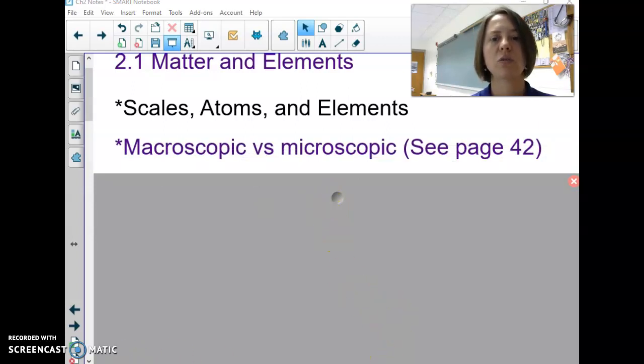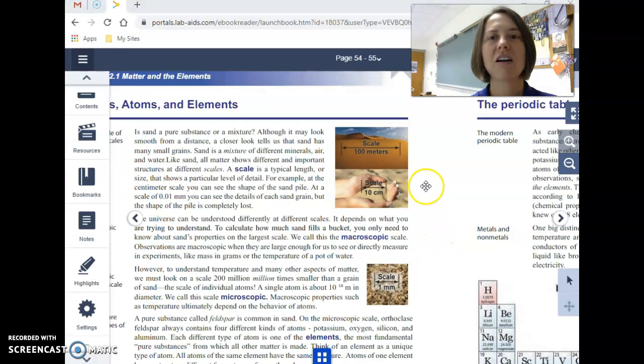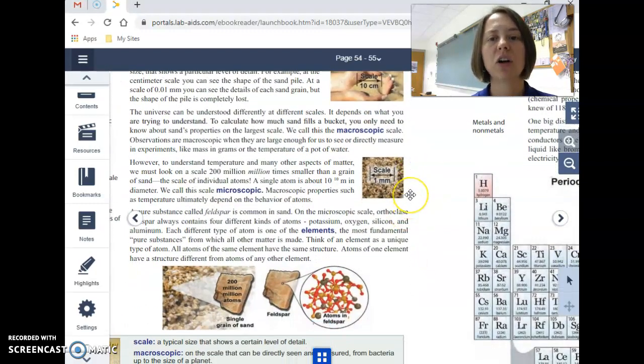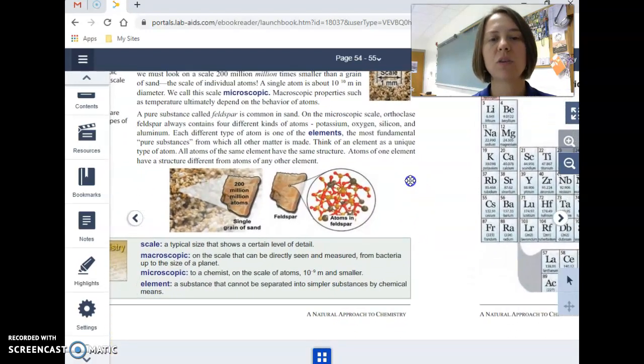Let's look on page 42. So things that you can see with your eyes are macroscopic. Sand dunes, a pile of sand, even a single grain of sand. You can see with your eyes. Microscopic is anything that is smaller than that. So anything you would need a microscope with, or anything that's too small you can't even see with a microscope.